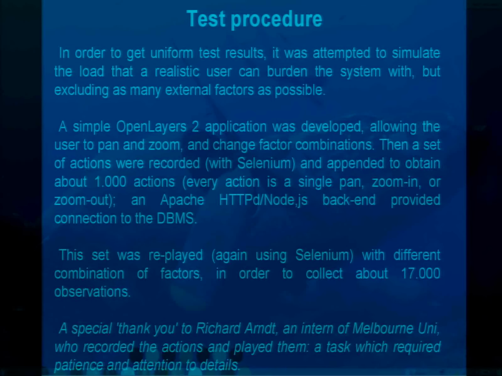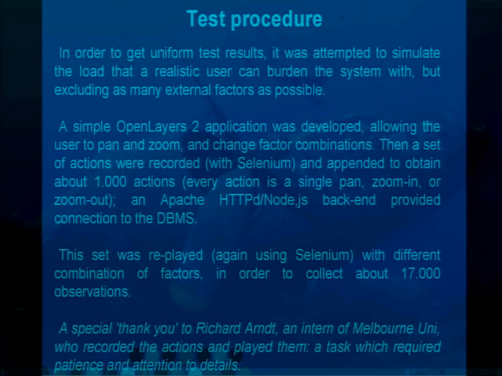Now, the test procedure we used. We had one intern at our university, Richard, who patiently simulated what the user does. With Selenium, he recorded about 200 pan and zoom operations.